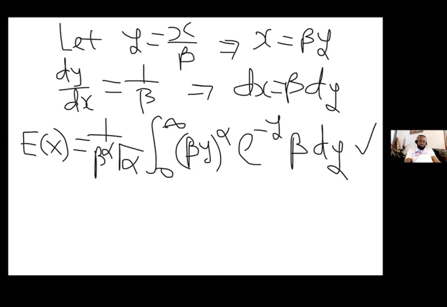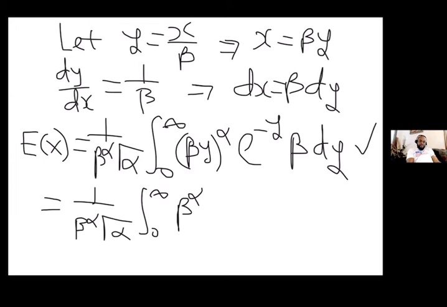All we want to do now is simplify. How do we simplify? Now this is going to be 1 over gamma alpha, integral from 0 to infinity, beta raised to power alpha here, and if you combine that with the plus 1, then you have y raised to power alpha, exponential of minus y, dy.